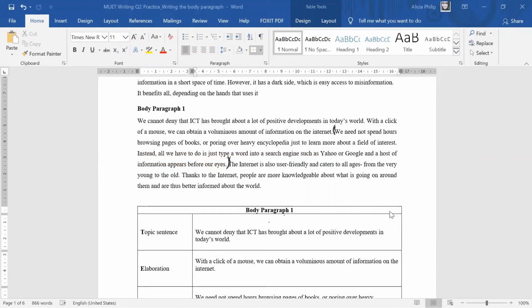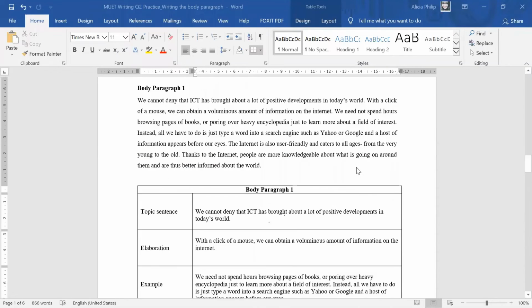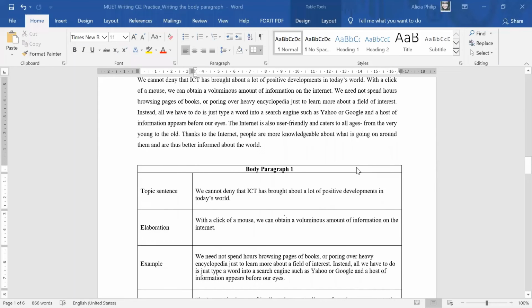Who is the one in black? That answer is correct. Okay, Hazim. So the example is this. We did not spend hours browsing books, poring over heavy encyclopedia just to learn more. Instead, we just have to type a word into the search engine and information appears before our eyes.